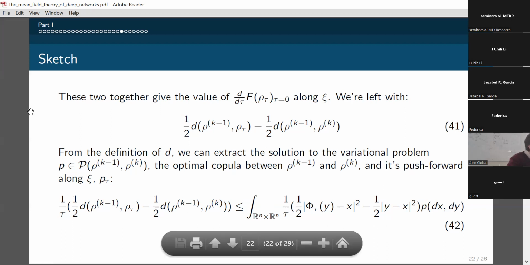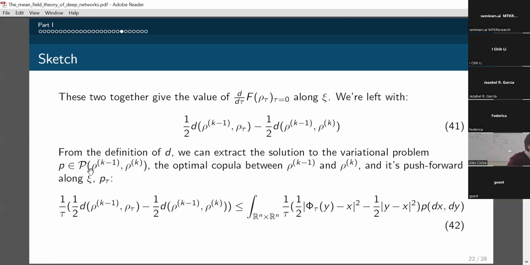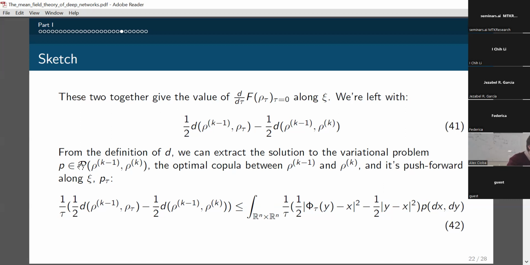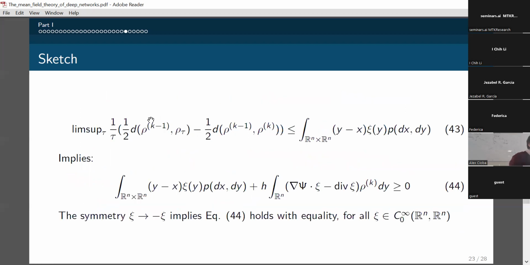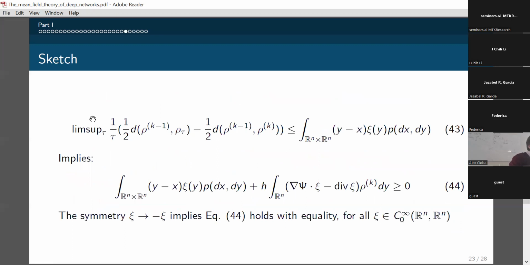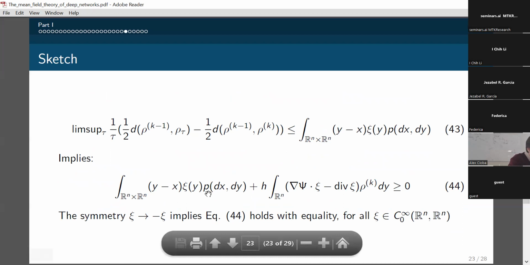Remember, P had marginals rho k minus 1 and rho k, and satisfies the definition of the Wasserstein distance with optimality. Okay, so in this previous equation, you can take limits. You don't really know that the limit of this differential quotient exists, but you'll recover that later.